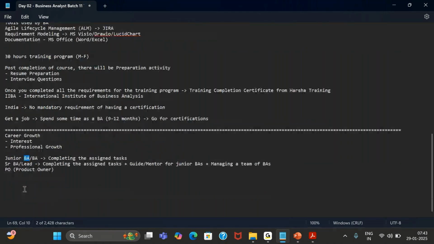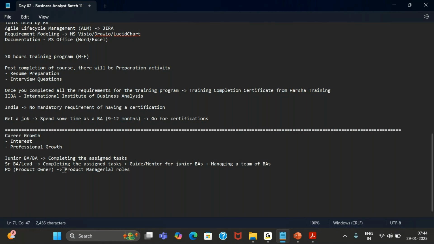Now, after product owner, we eventually want to transition into product managerial roles. Eventually you can get into senior leadership. I'll not talk about senior leadership because that's a common path for everyone.